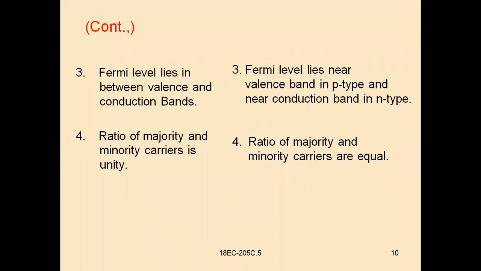If you take N-type, the majority charge carriers are electrons and minority charge carriers are holes. We take the ratio of these majority and minority charge carriers in both P-type and N-type, and the ratios are not equal here.